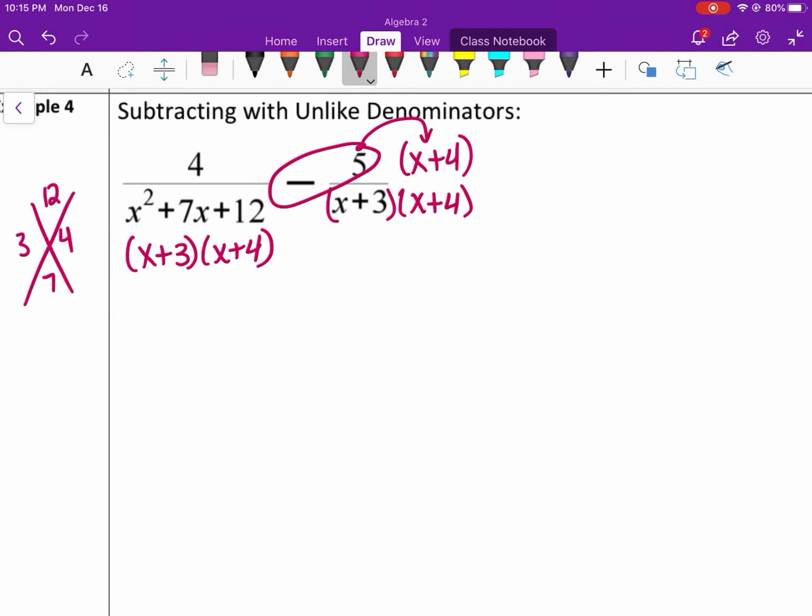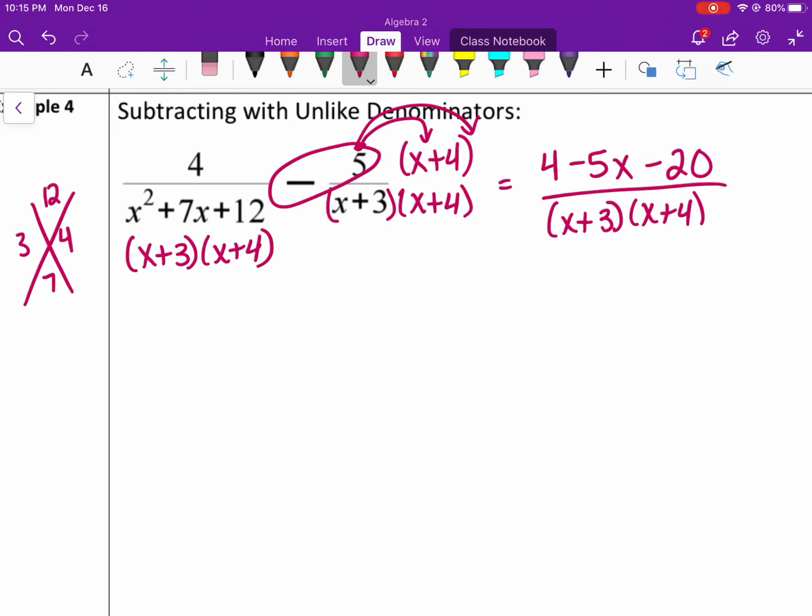Now this time you need to distribute a -5. So it's going to be 4 minus 5x, and then -5 times 4 is -20. So since it's subtraction, you have to distribute a -5 instead of a +5. And then it's similar, combine your like terms.